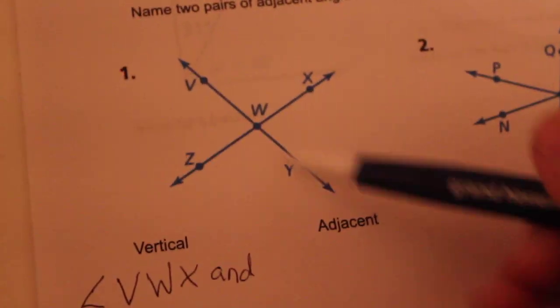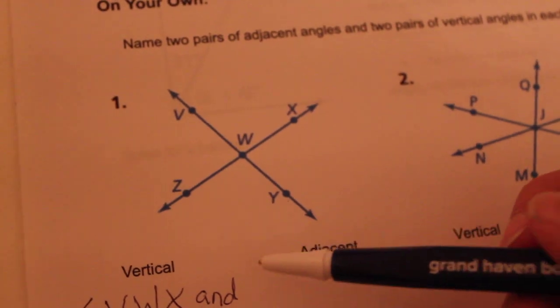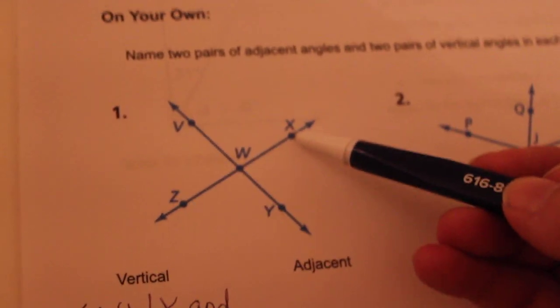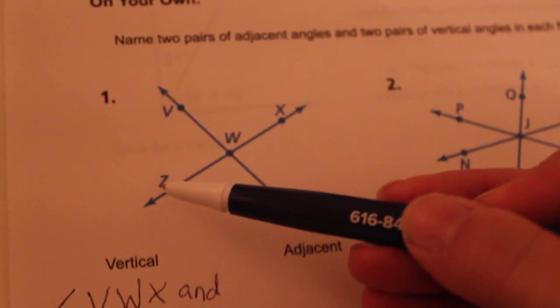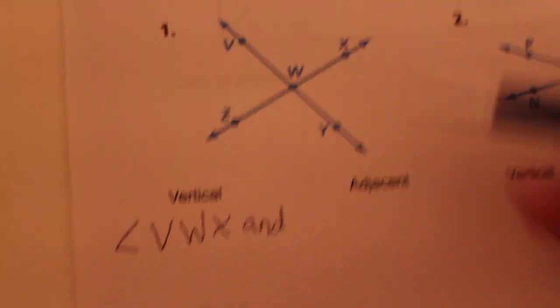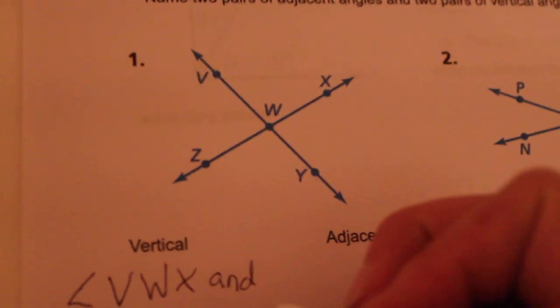Now if you chose to do YWZ and XWV, that was fine too. They are the same angles. Just remember, order does matter. So when we have the order, if we go XWV, we need to go YWZ. So we're going to go ZWY because we went VWX. I find that it's easier to just go left to right like we read.